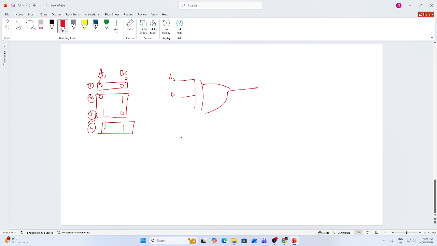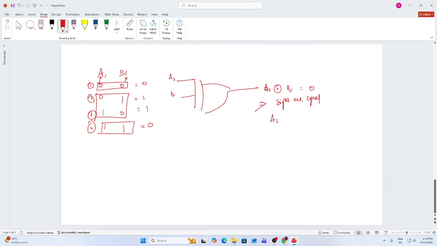You know what an XOR gate is. If the signs are equal, the output will be 0. If the signs are not equal, the output will be 1. So if we perform AS XOR BS and the XOR gate output is 0, we interpret that signs are equal.